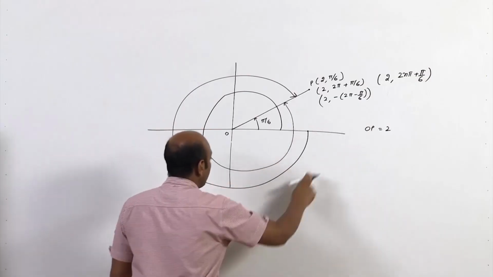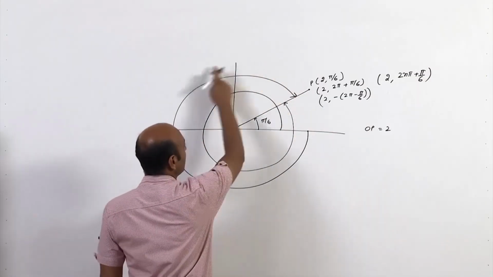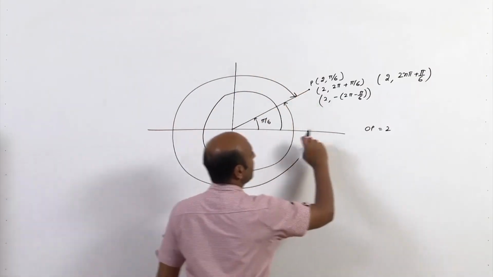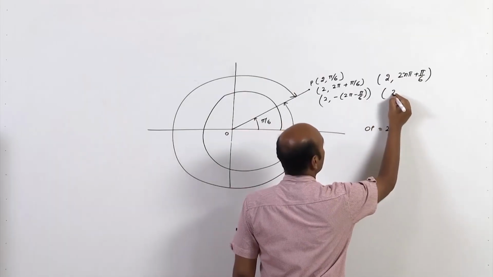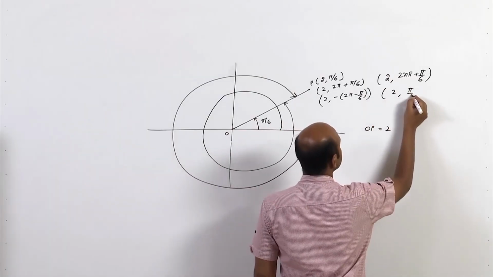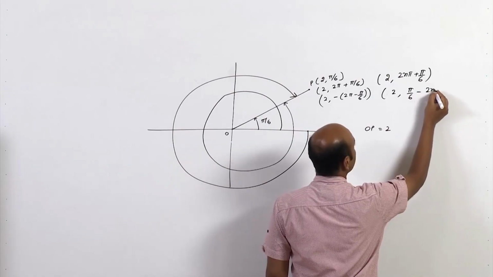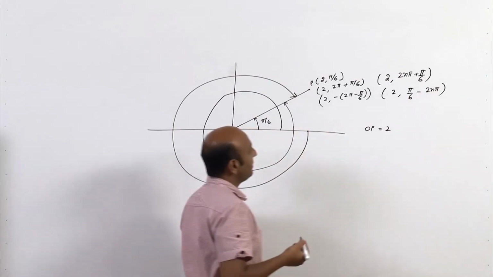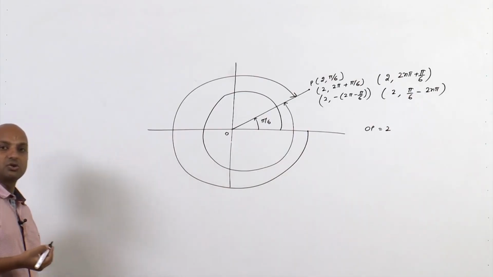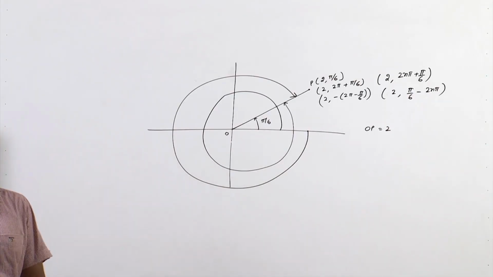Similarly, if we take a full round and then come to this line, then it will be 2 comma pi by 6 minus 2 n pi, where n may be 1, 2, 3 and so on, if we take n number of rounds. Okay.